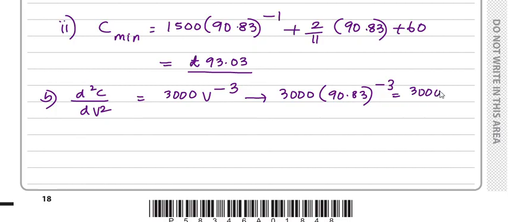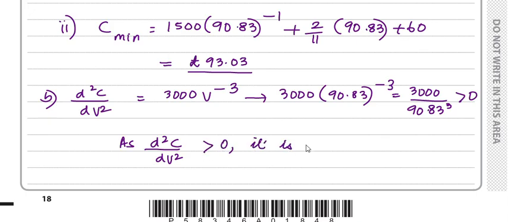We say that 3000 divided by 90.83 to the power of 3 is always greater than 0. There is no chance of this becoming negative. Therefore, d square C by dv square for this value of v is positive. Then you write d square C over dv square is greater than 0. It is a minimum value for C. That's it.